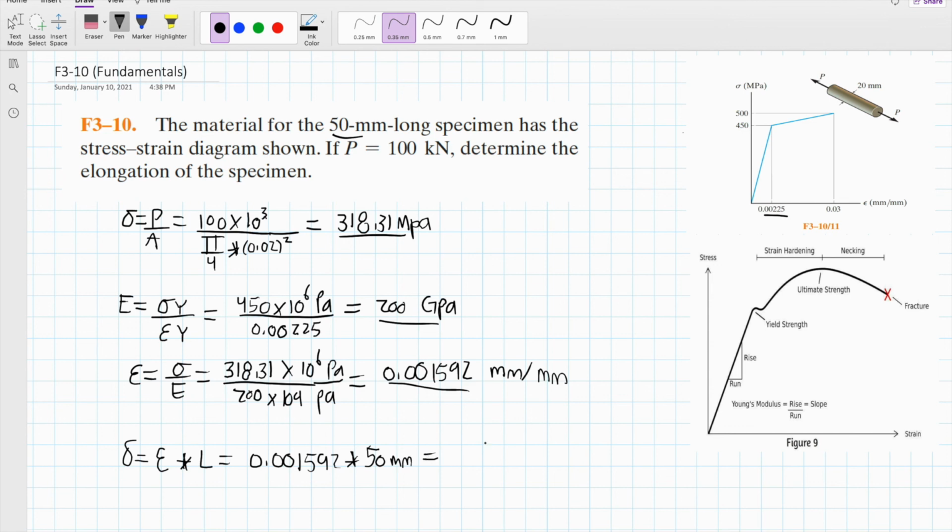And we get 0.0796 millimeters. And this is our final answer.